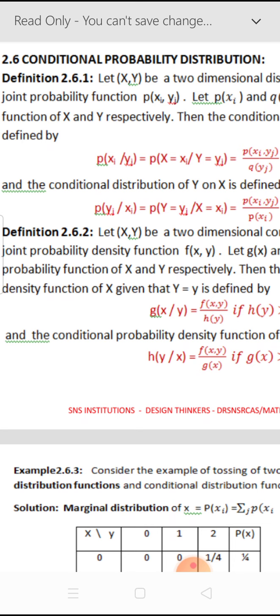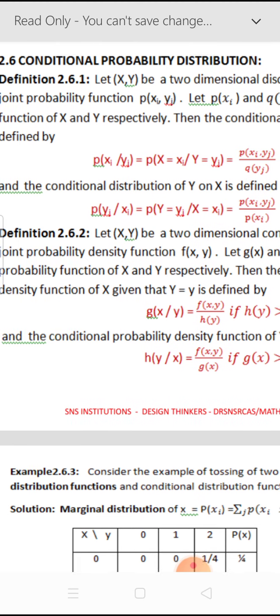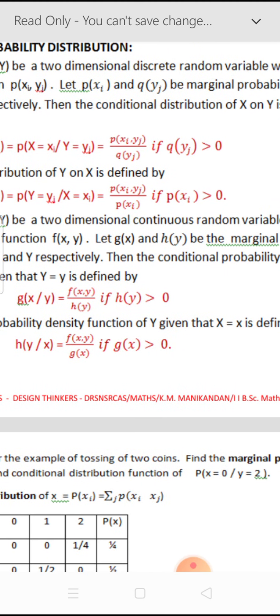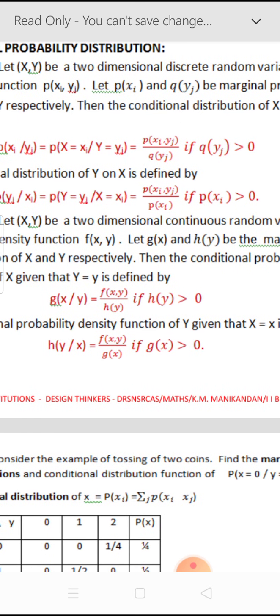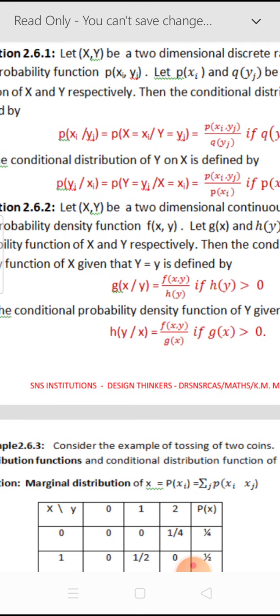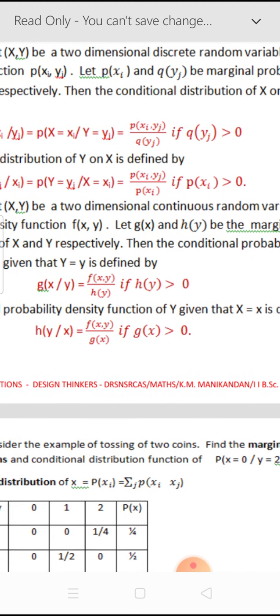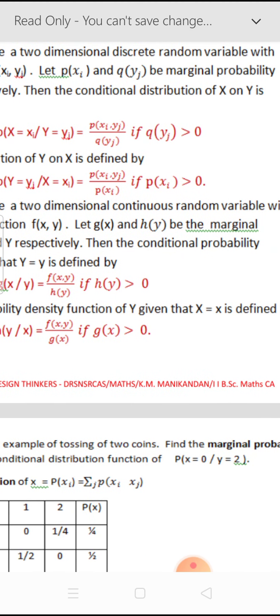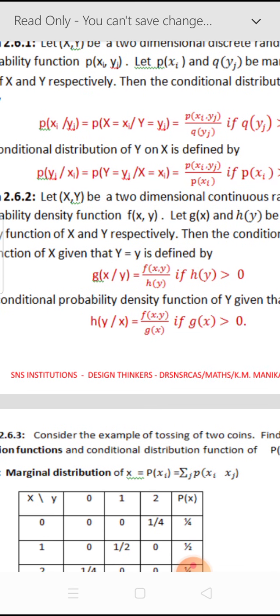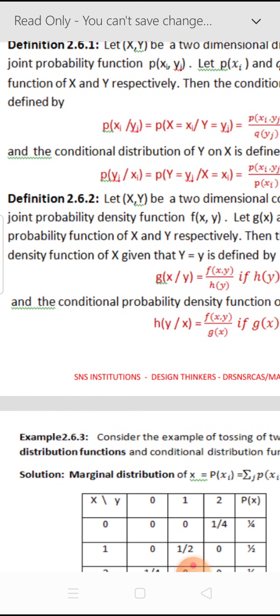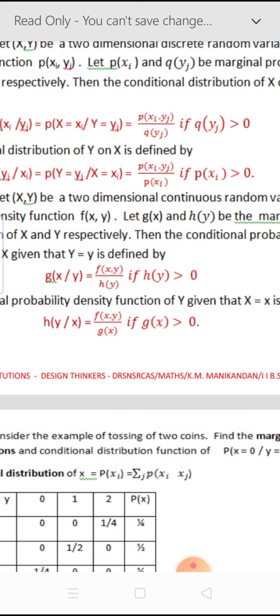So next we define the conditional probability distribution for continuous random variable. Let (X, Y) be a two-dimensional continuous random variable with probability density function f(x, y). Let g(x) and h(y) be the marginal probability functions of X and Y respectively.